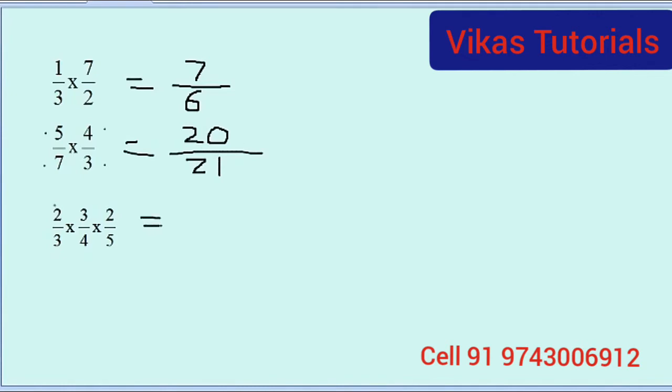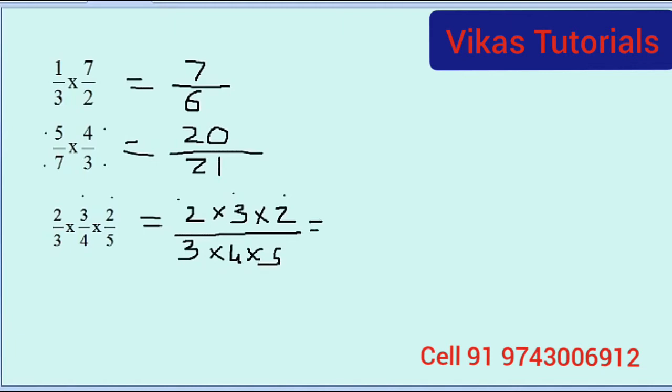Now here there are three fractions: 2 by 3 multiplied by 3 by 4 multiplied by 2 by 5. So what we do, we multiply all the three numerators and all the three denominators. You can write it like this also: 2 into 3 into 2. 2 is the first numerator, second numerator is 3 and third numerator is 2, divided by 3 into 4, second denominator, into 5, third denominator.